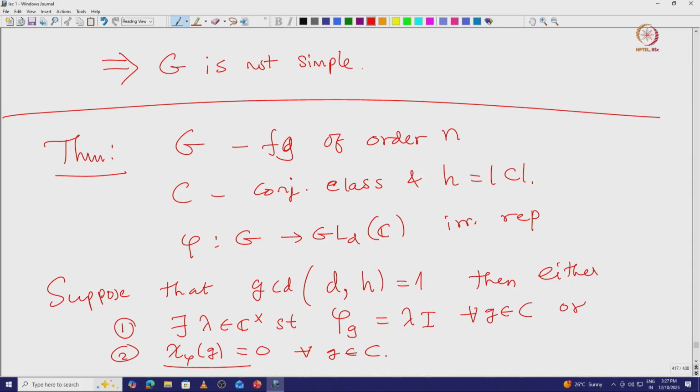Similarly, for 1, if phi of g is lambda times identity for some g, then phi of g is the same lambda times identity for all g in C, because all elements of C are conjugate.